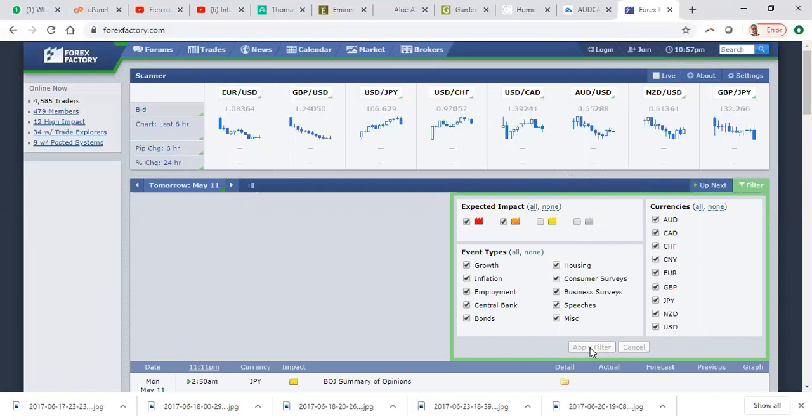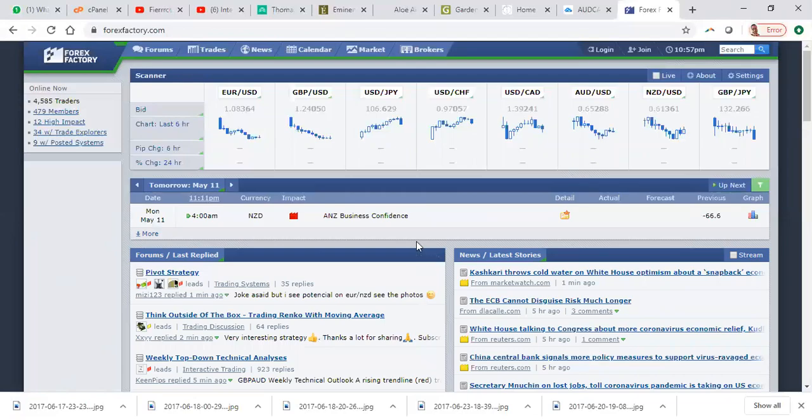If I apply that filter, the only news I'm seeing is early this morning at 4 a.m. Kenyan time. There's NZD news, the ANZ business confidence. I mean, New Zealand dollar.